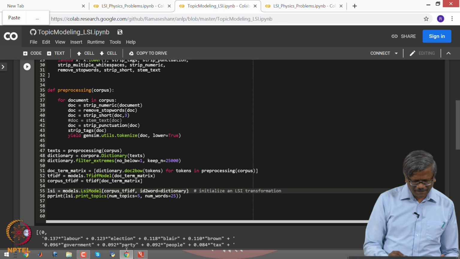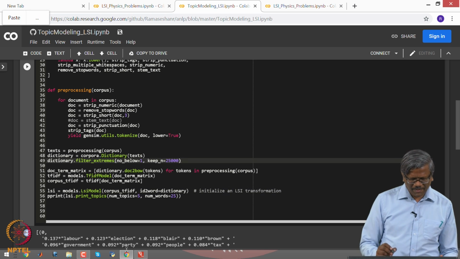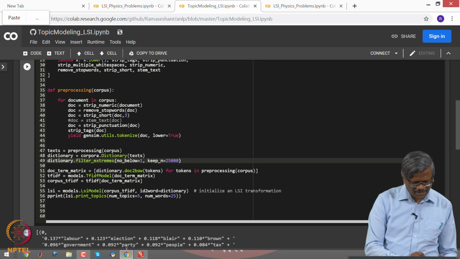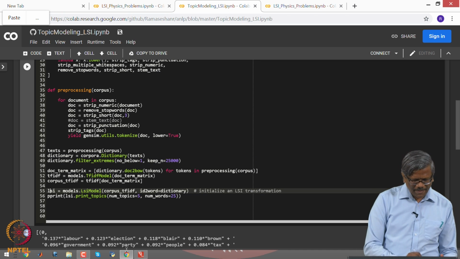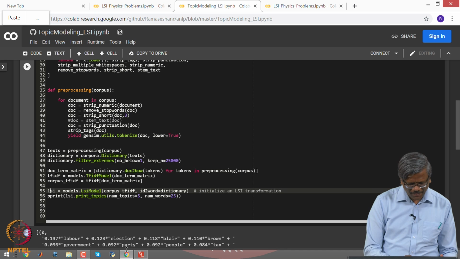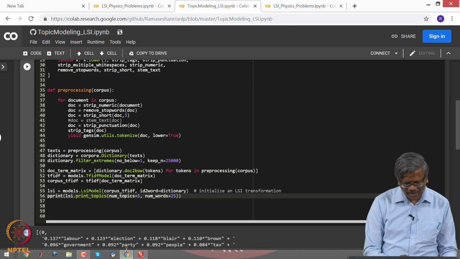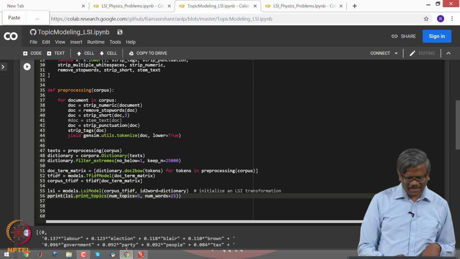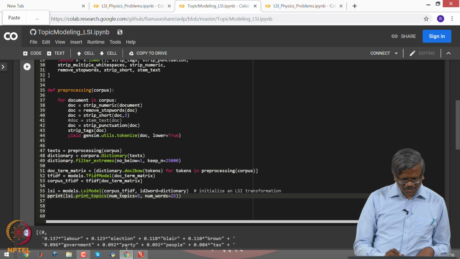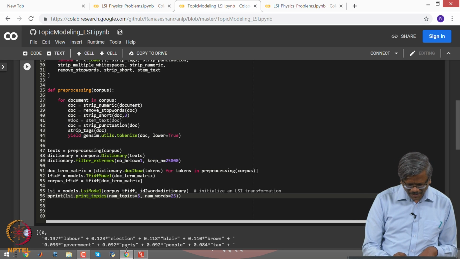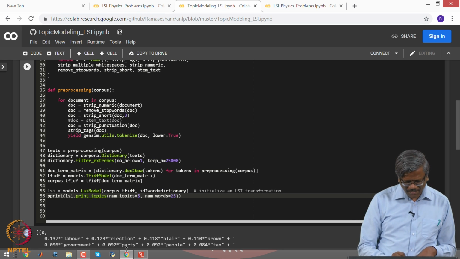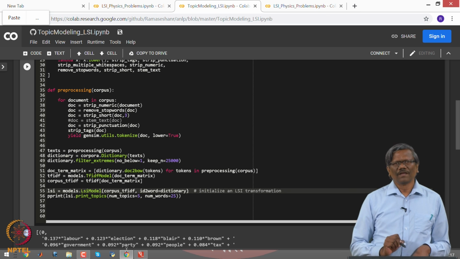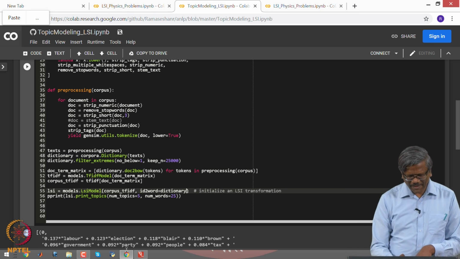Once we have set up the text and then created the model, we can print the topics, where we can pick how many words you want in terms of describing the topic. Again, that is a variable that you can change. Here the number of tokens, the number of topics, you can change.